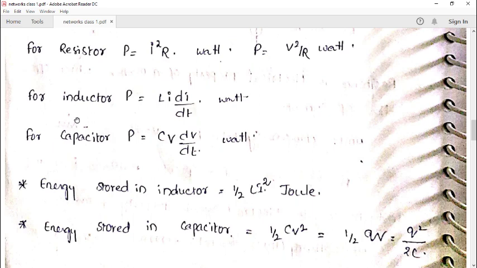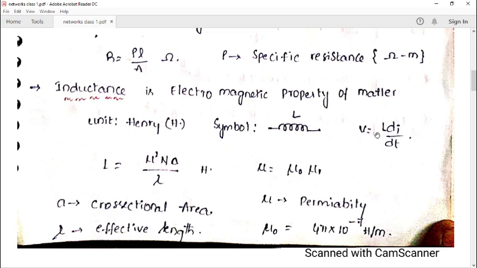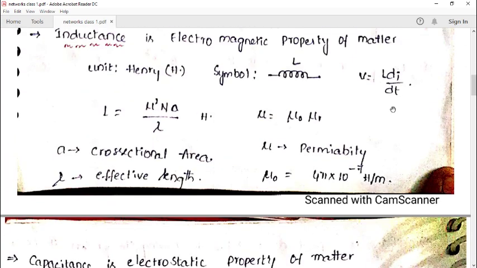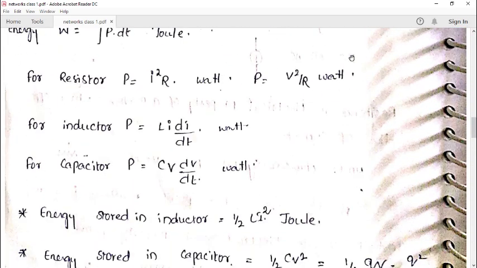Similarly, these two are the power equations of inductor and capacitor. We just replace the V here, and we just replace the I here by the above equation. So what we have discussed here: we replaced V for inductance, and for capacitance we replaced I to calculate the power.